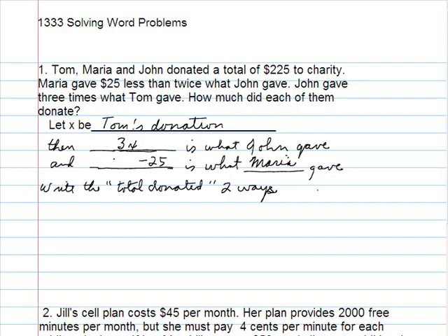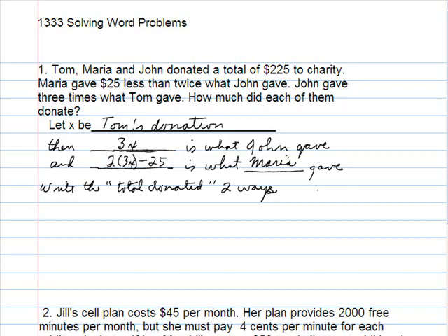John gave 3x, so twice what John gave would be twice 3x, not twice x. So now if you want to refer to what Tom gave, say x. If you want to refer to what John gave, say 3x. And if you want to talk about what Maria gave, say 6x minus 25.